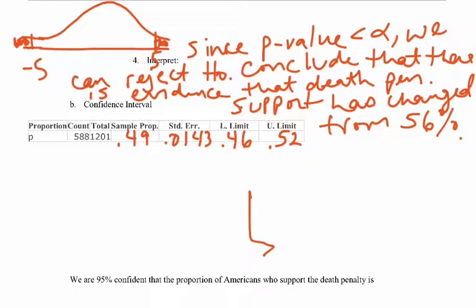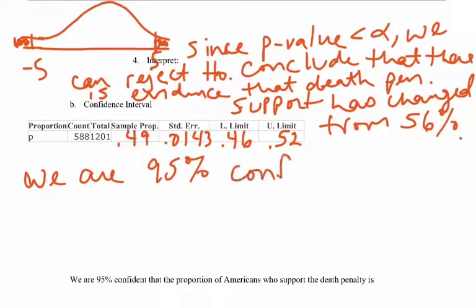So what does that mean? I've got a sentence at the bottom here, but I'm going to write it in here. So how would we say this? We would say we are 95% confident. Remember, this gives us a range of plausible values for a population.